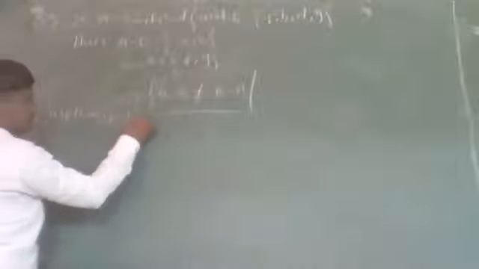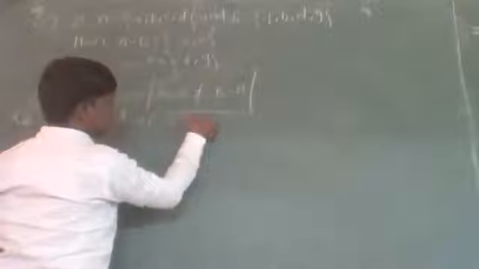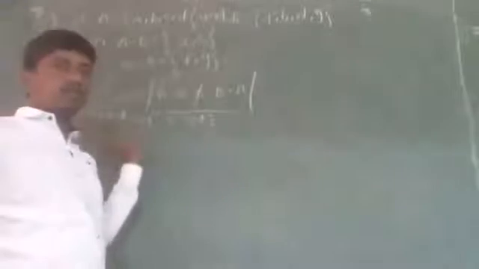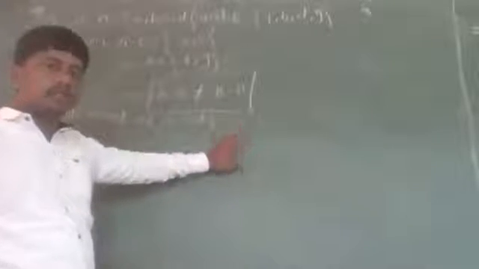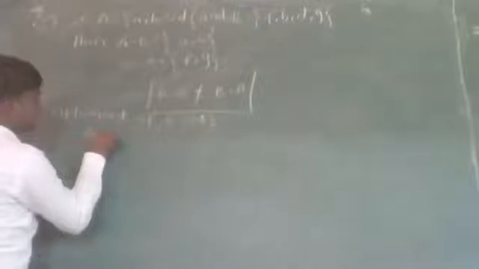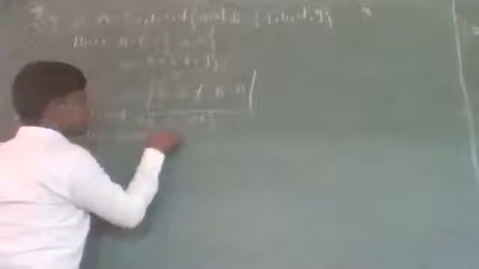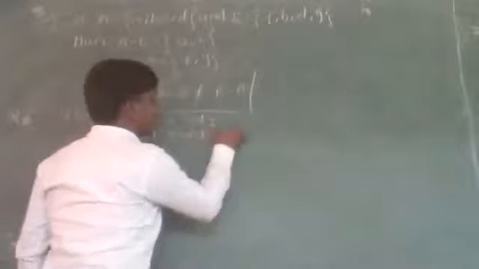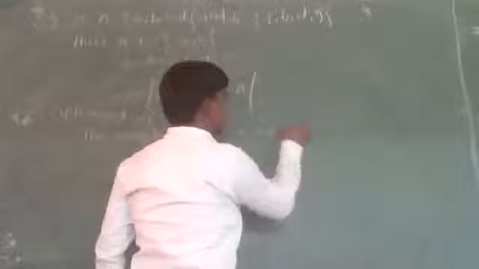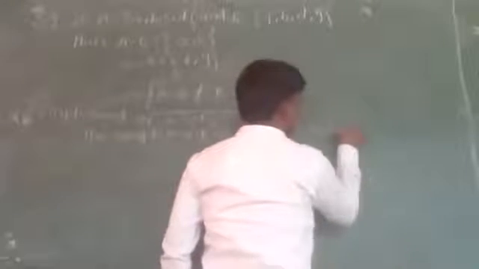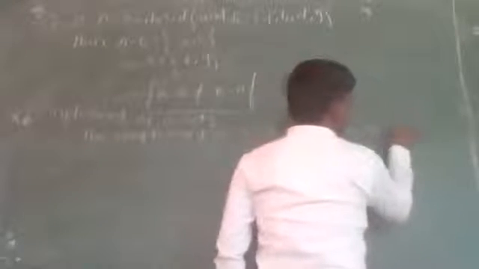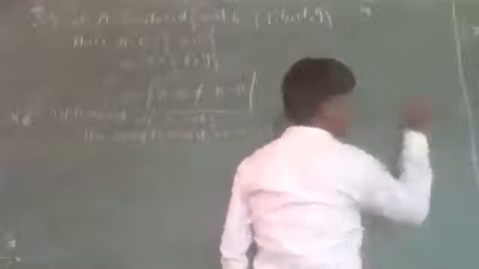Now we have to see the next part, the complement of a set. If we are given any set A, then we have to find the complement of that particular set A. The complement of a set is denoted by A complement, or A prime.